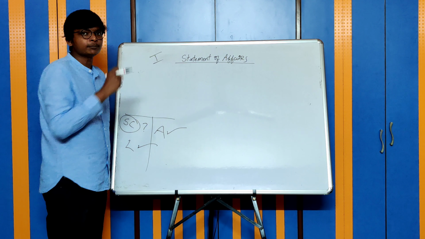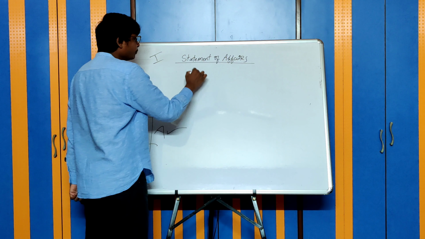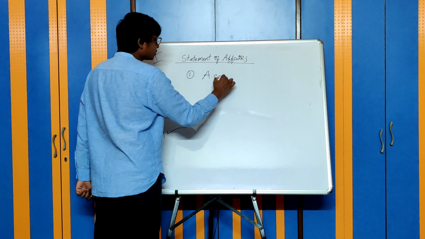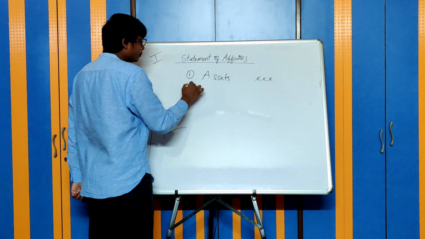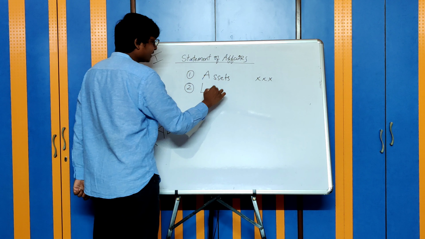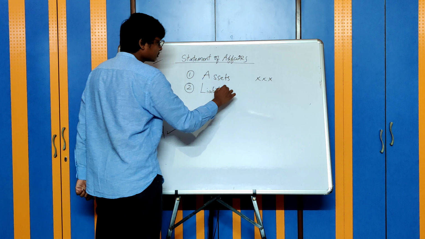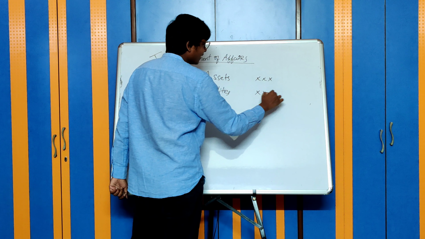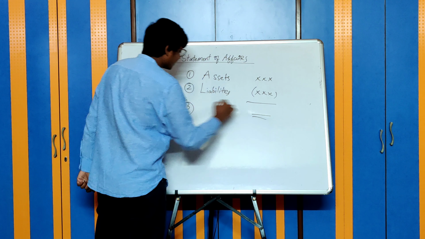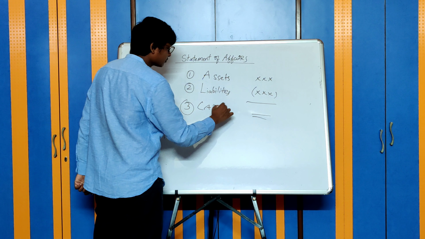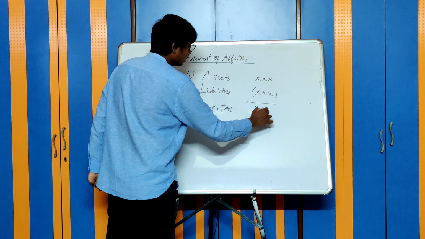For this, we prepare a small statement. First, you will plot down all the assets and write down their values. Second, you will plot down all the liabilities and write down their values. And third, you will write the missing figure as capital and write down the amount.